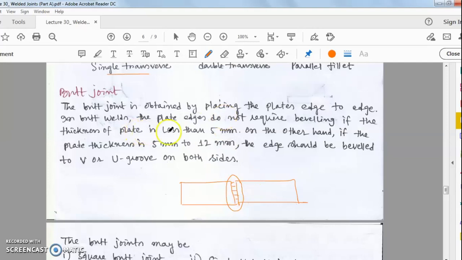Now, in bar weld, the plate edges do not require any beveling if the thickness of the plate is less than 5 mm. That thing is important from the objective purpose. If the thickness of the plate is less than 5 mm, you do not require beveling. On the other hand, if the plate thickness is 5 to 12 mm, the edge should be beveled to V or U groove on both sides.